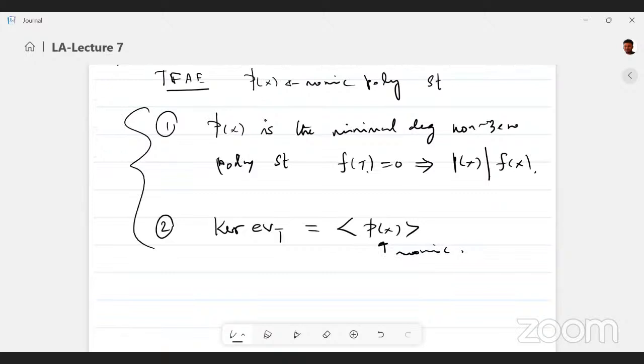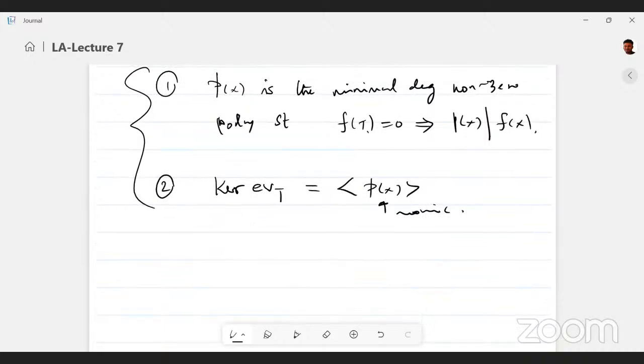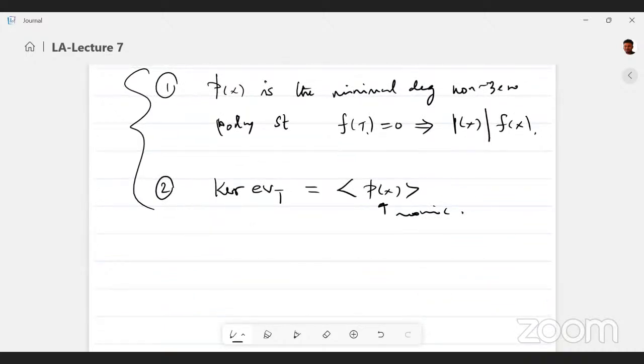So now what does the Cayley-Hamilton theorem say? The Cayley-Hamilton theorem says that the characteristic polynomial of an operator actually belongs to this kernel. Okay, so this is the Cayley-Hamilton theorem, which I will prove, but using some other method. So let's state the theorem.